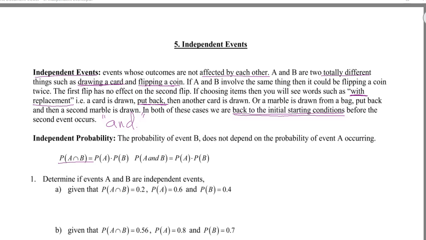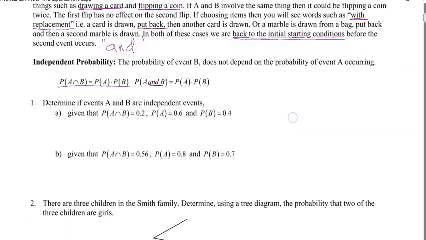Your formula is this. This is the one on the formula sheet. It's an and. Okay, so intersection is and, right? Both things happen. So, given this formula, determine if events A and B are independent.